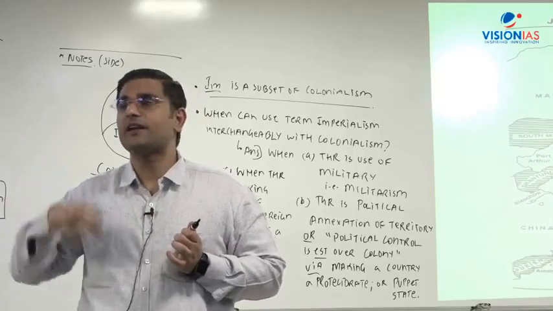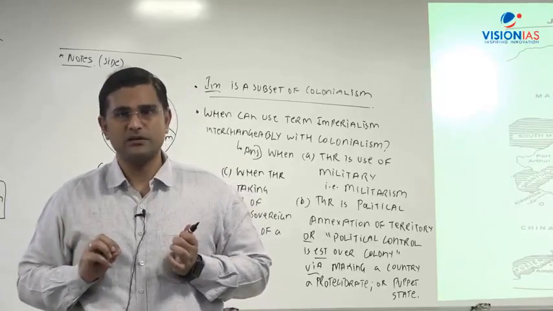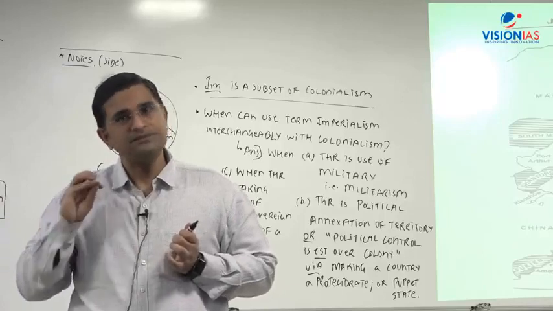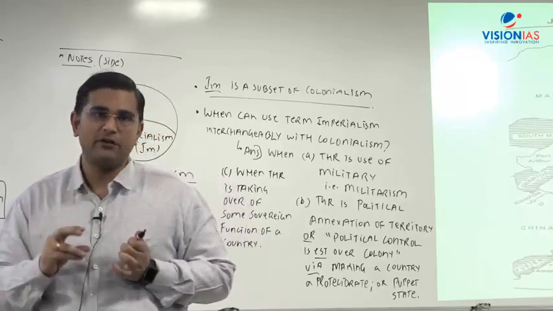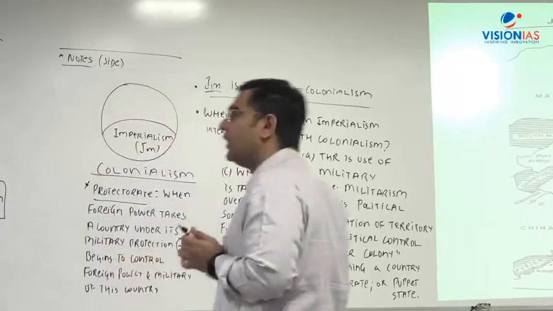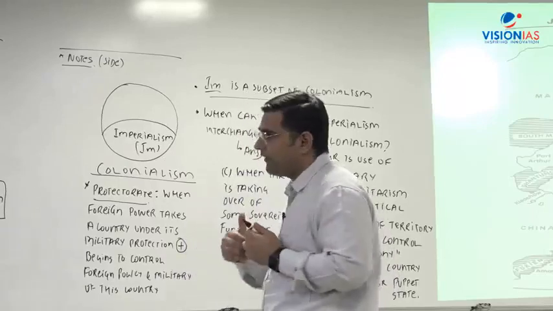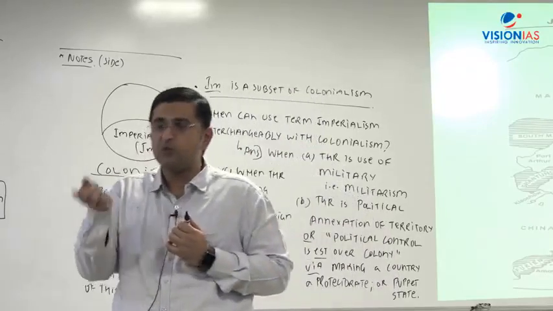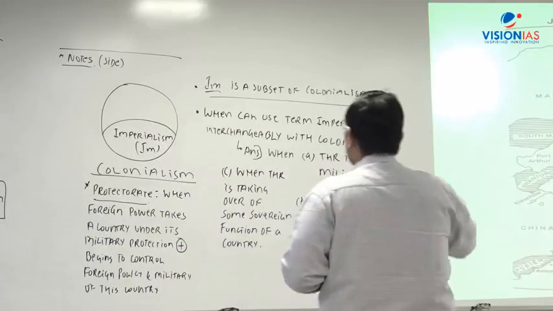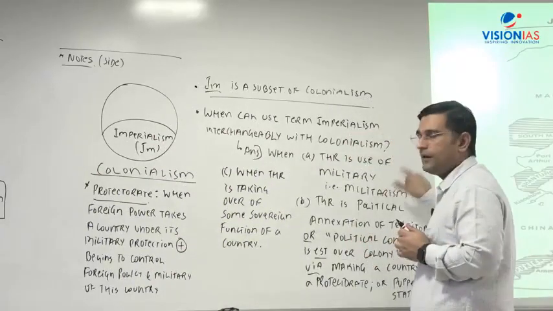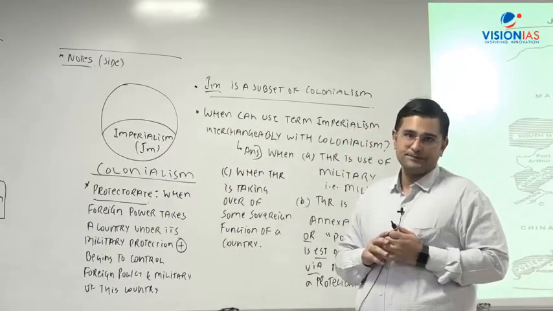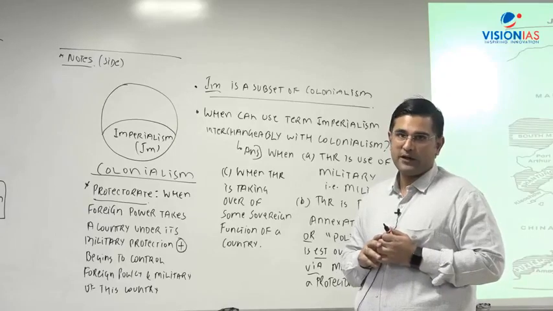So then you say that there is a puppet regime in that particular state. So is it not imperialism? Yes, it is, because there is some kind of political control, especially if you have converted that country into a puppet state by using military or by using threat of military, then it can be called imperialism.